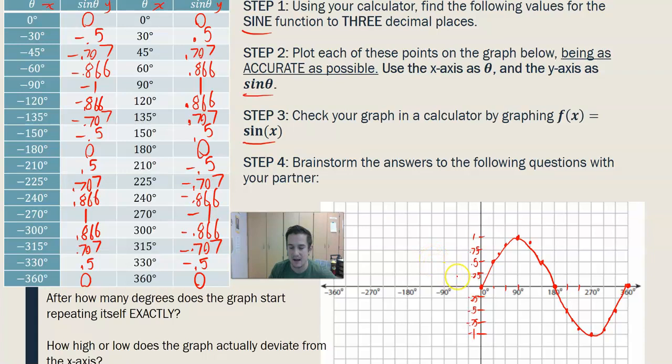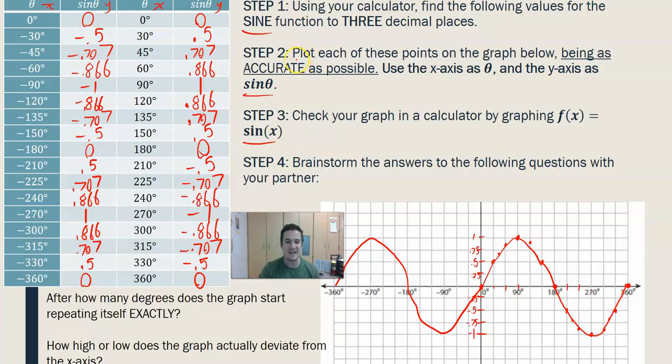So this side, I'm going to draw a rough sketch here. This side is going to look something like that. So we've done step 1, we've done step 2, we've plotted these points as accurately as we can on the x and y axis.